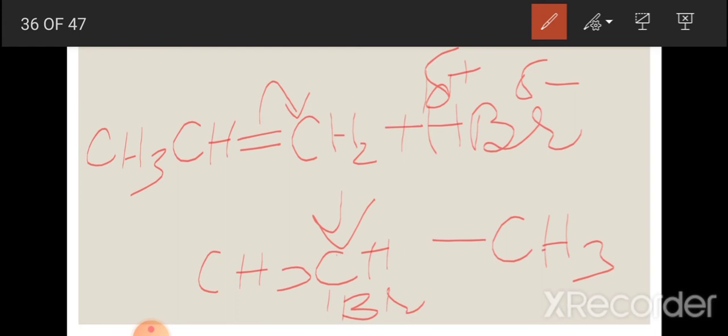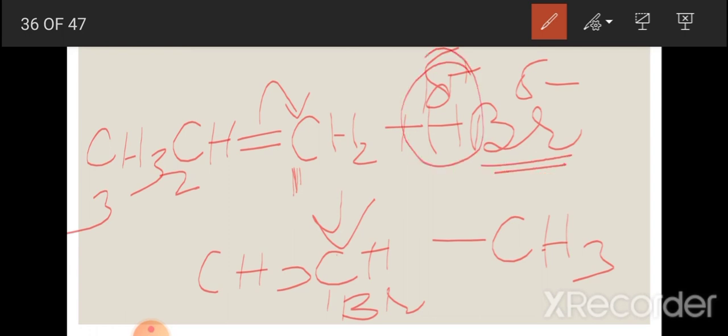Hydrogen ion attacks. If we do the numbering 1, 2, 3, hydrogen will attack this C1 to produce a more stable secondary carbocation. And in the second step, the negative part of the adding molecule attacks C2.